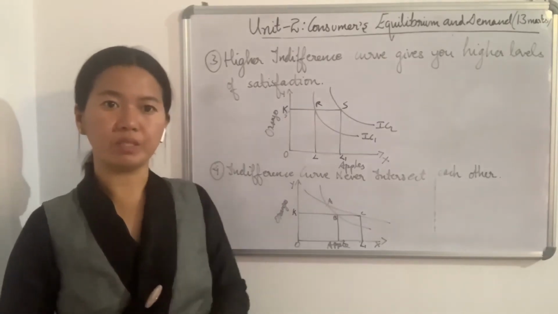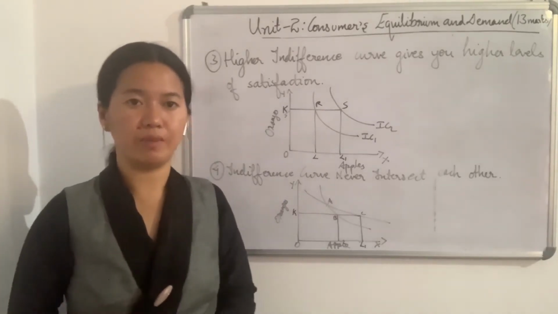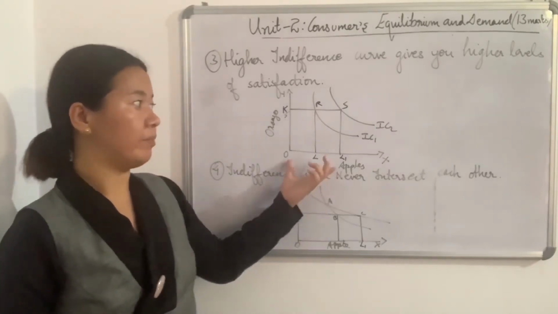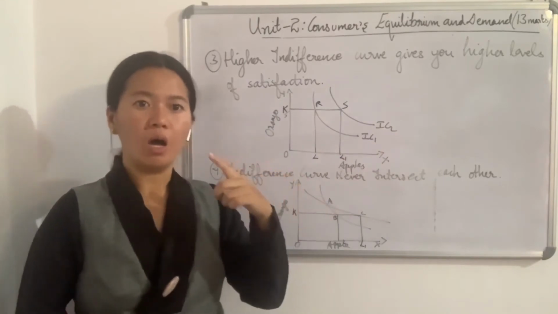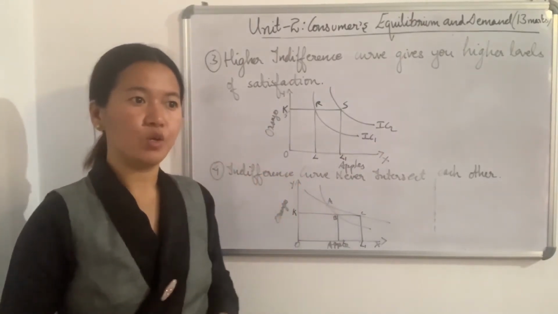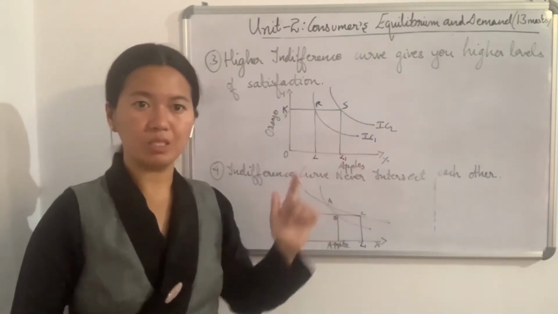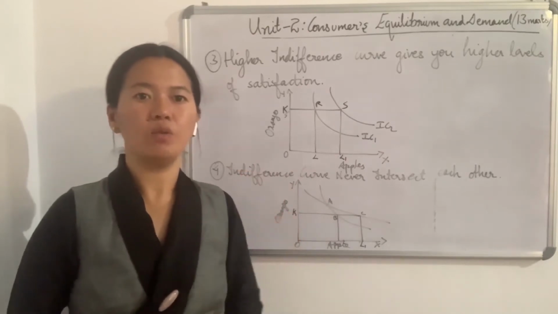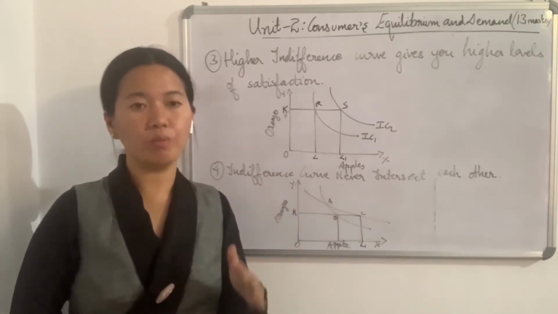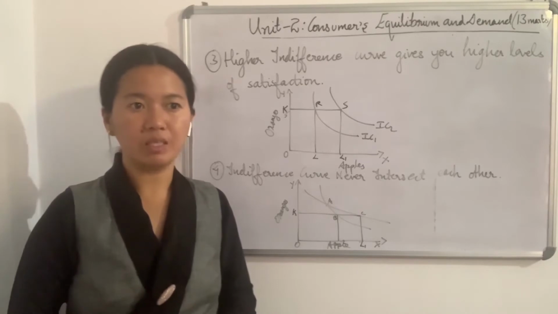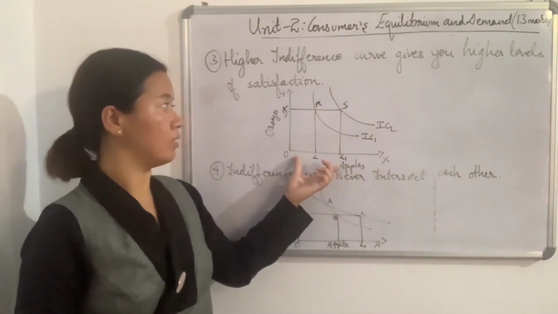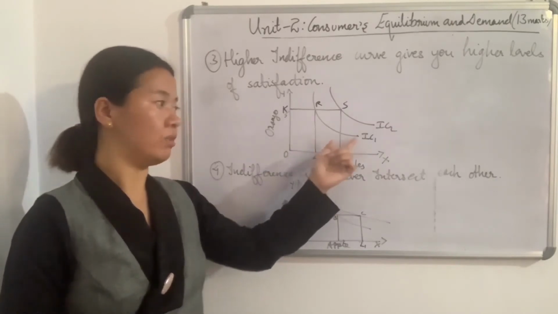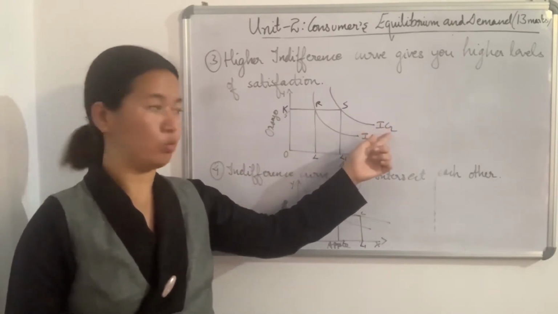And the third property of indifference curve is that higher indifference curves give you a higher level of satisfaction. In the diagram, as you can see, there are two indifference curves. I would like to add that more than one indifference curve is called an indifference set. When you have 2, 3 or more indifference curves, it is called an indifference set. In this diagram, there are two indifference curves, IC1 and IC2.